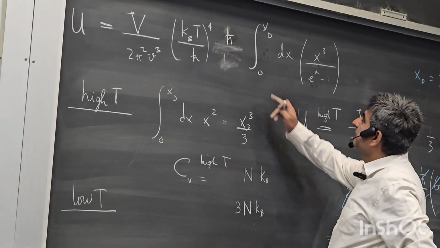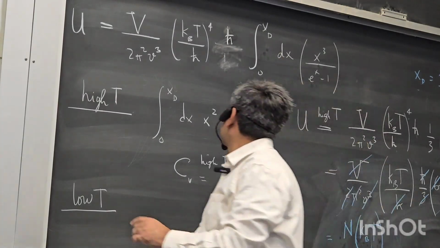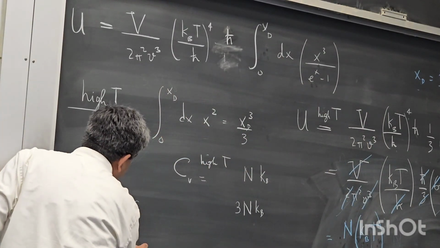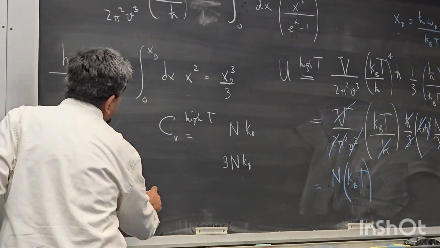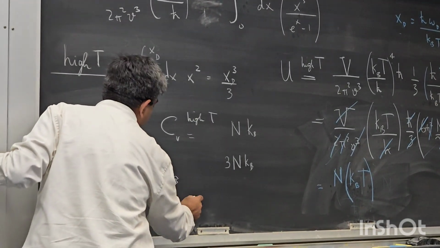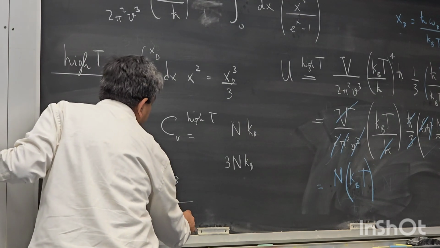So this integral upper limit could be replaced by infinity. So in the low temperature regime, this integral can be written as the integral from 0 to infinity dx x cubed divided by e raised to x minus 1.